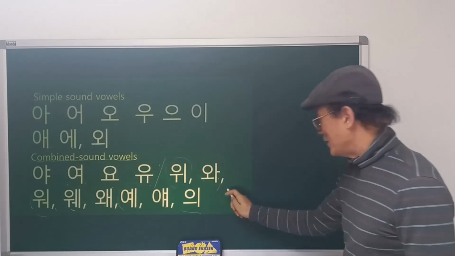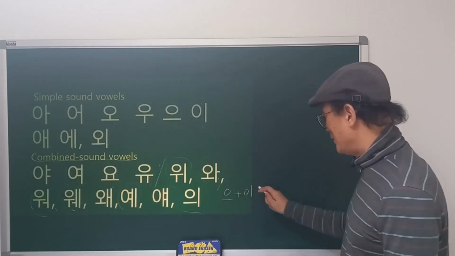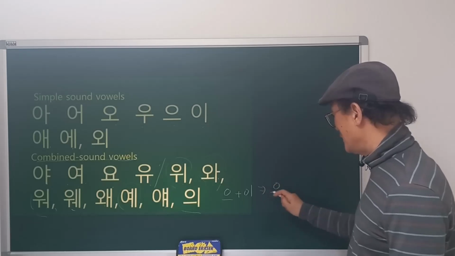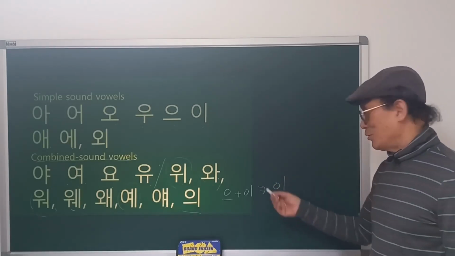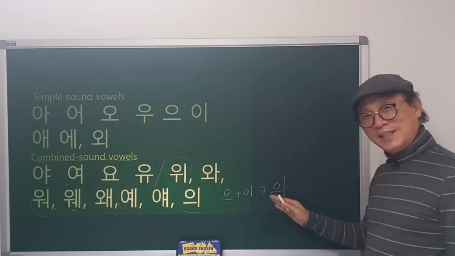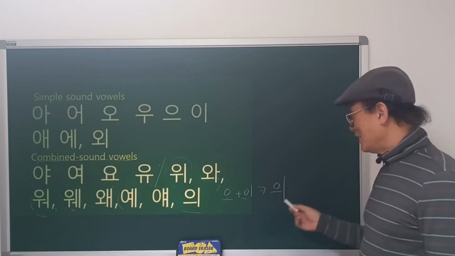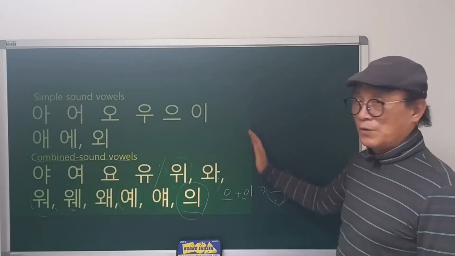This one plus i, so it becomes ui, like this. How do you pronounce this one? Ui, ui. Ui is really hard to pronounce. So these are all the vowels in Korean.